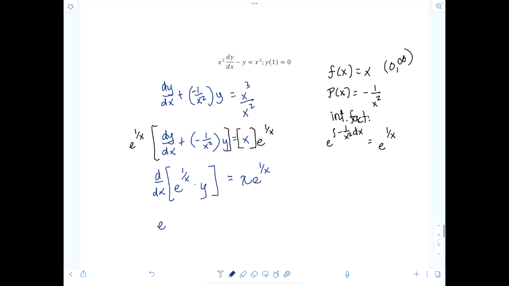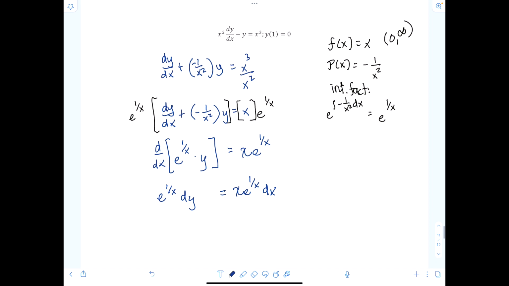So we would have e to the 1 over x dy is equal to x e to the 1 over x dx. Well, integration by parts is not going to work on this one, right? Because you've got the 1 over x. If you had x instead of 1 over x, it would have been fine.